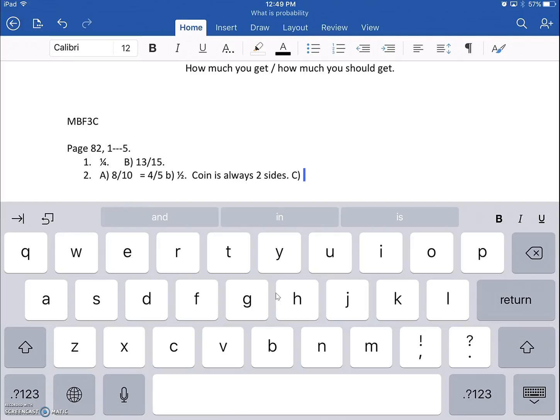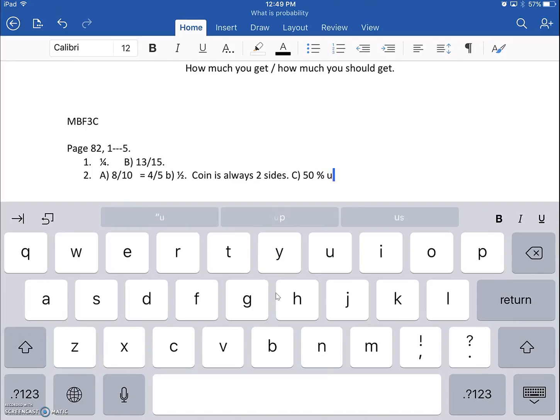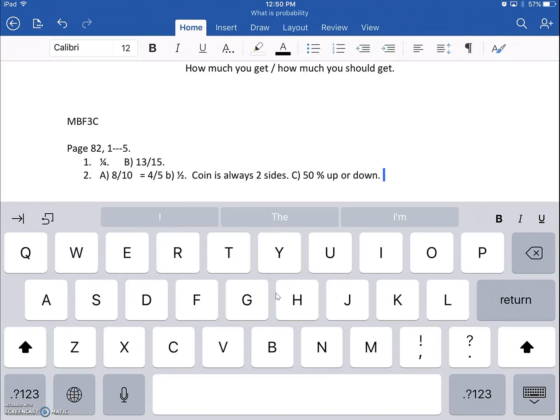It can be both, because it is 50% up or down. So it can decrease or it can increase. That is my thinking.